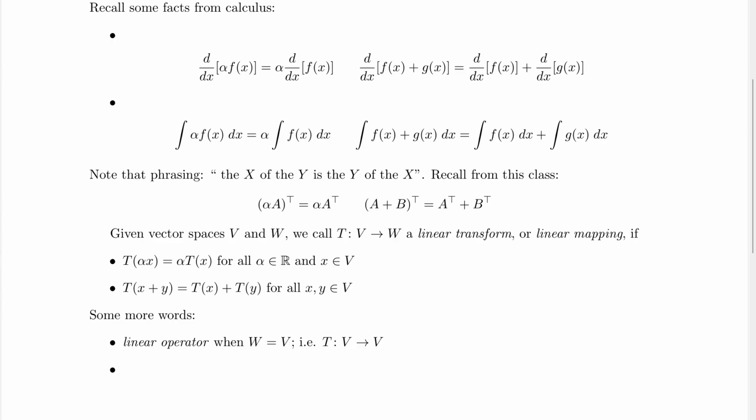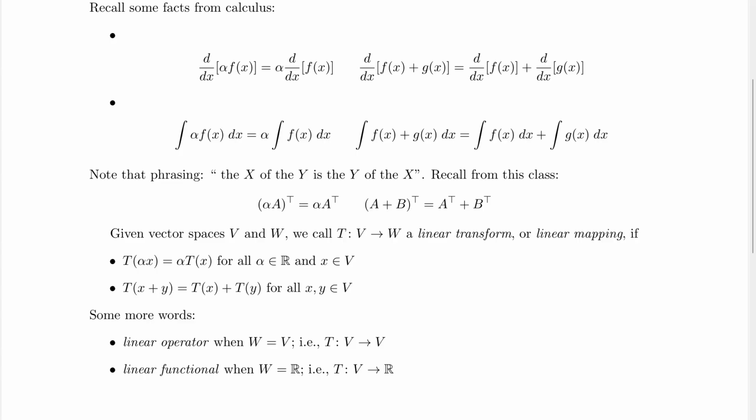All right, and another one that occurs frequently is a linear functional. And what is that? A linear functional is when the codomain is the set of scalars. So for us, a linear functional would mean a linear mapping from a vector space to the real numbers.